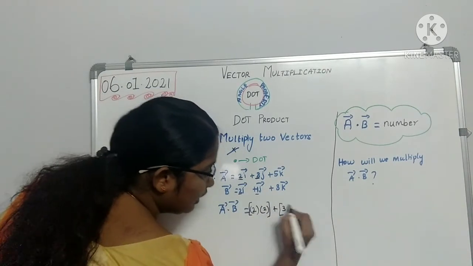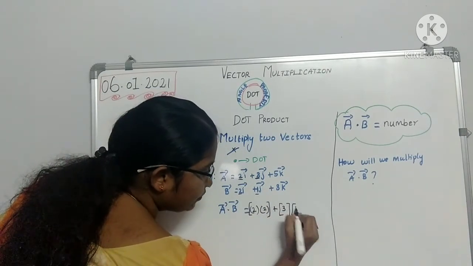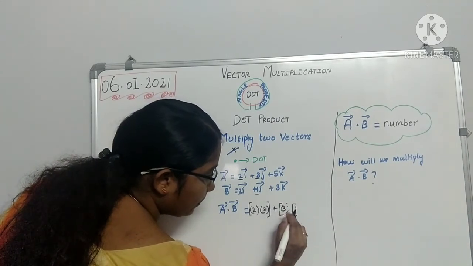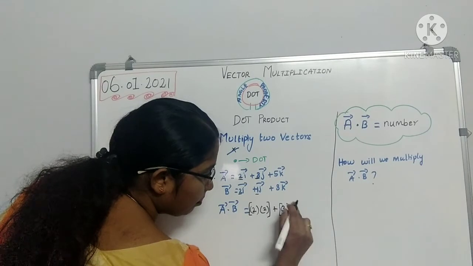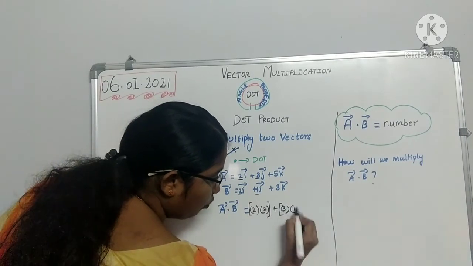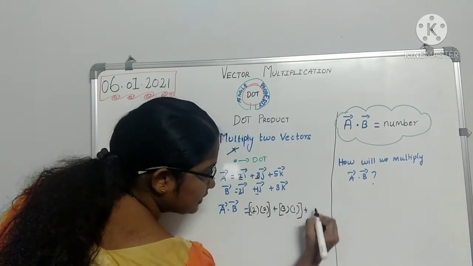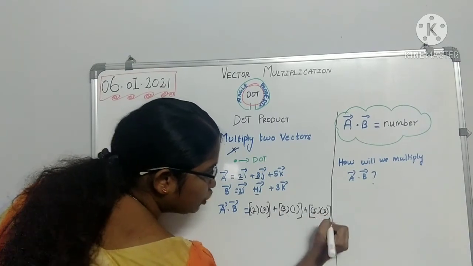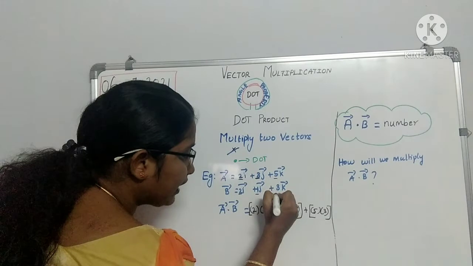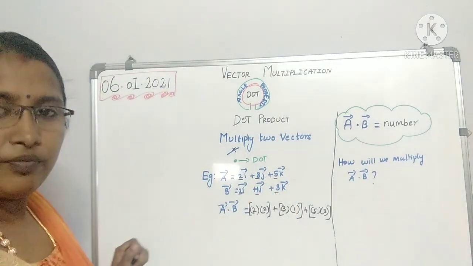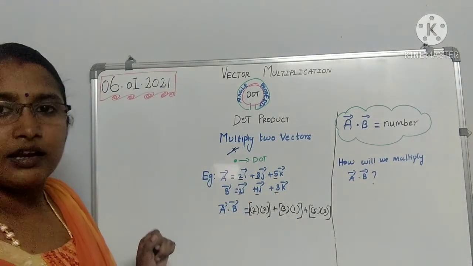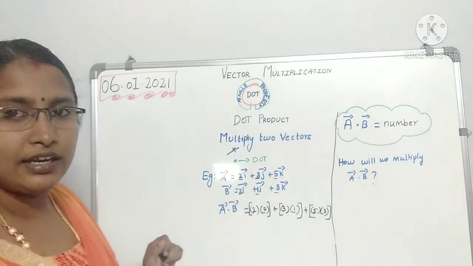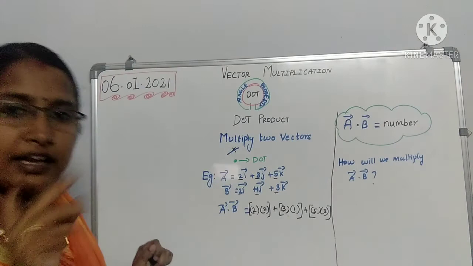So 3, 1. Plus 5, 3. You should take only these components. Understood? Simply we can take it as a number. We should take only the number.